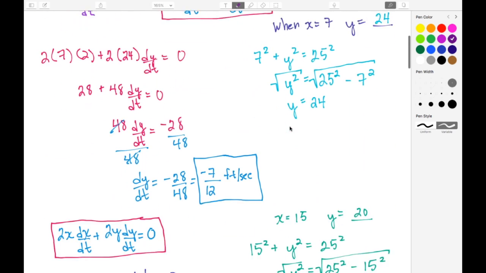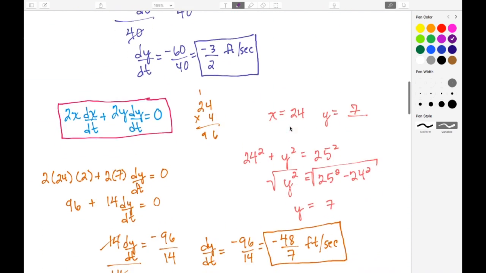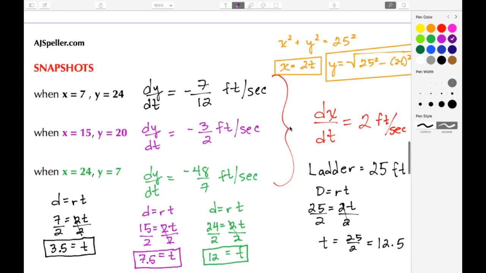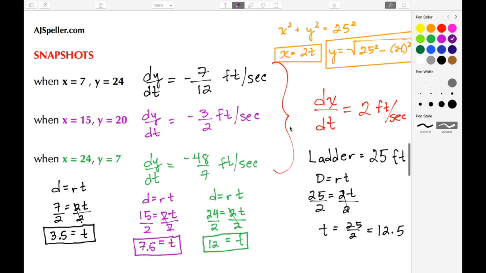We've already done the analytics here, but as I scroll down, I have a concise list that I've created based off of what we've done by hand and in other previous tutorials on this subject. So here we have 3 different snapshots when the base is 7 feet, 15 feet, and 24 feet from the wall. We have the different velocities at which the top of the ladder is moving.